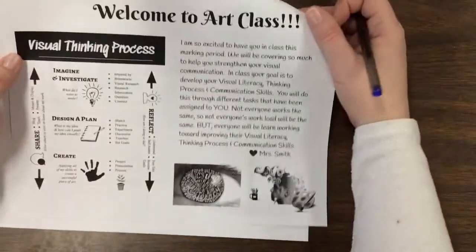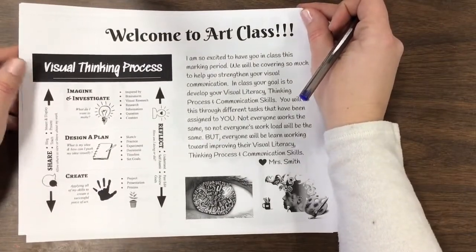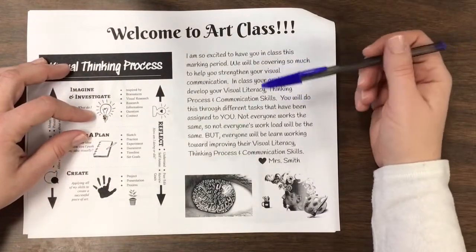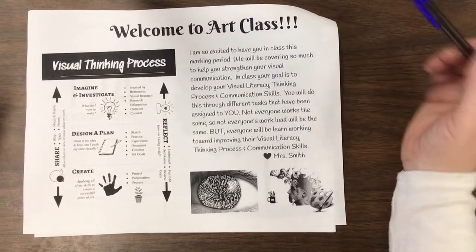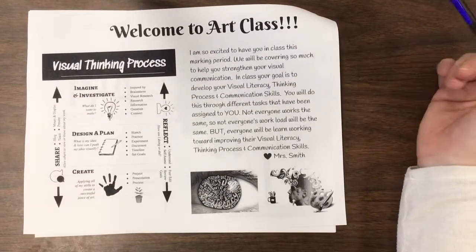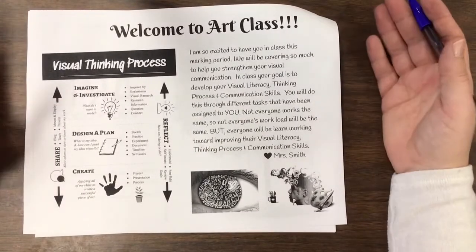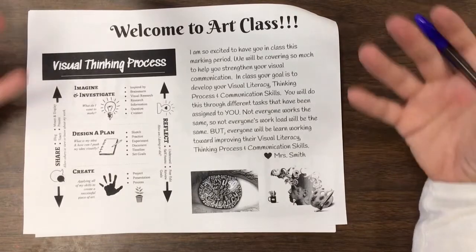Now I'm going to explain what's going on this page. This is kind of just your intro for my class. It tells you a couple of things that we're going to be working on. In class this year, we're going to be working on visual literacy, visual thinking process, okay, and communication skills. I know that some of you may be really good at art. Some of you might not find it so easy.